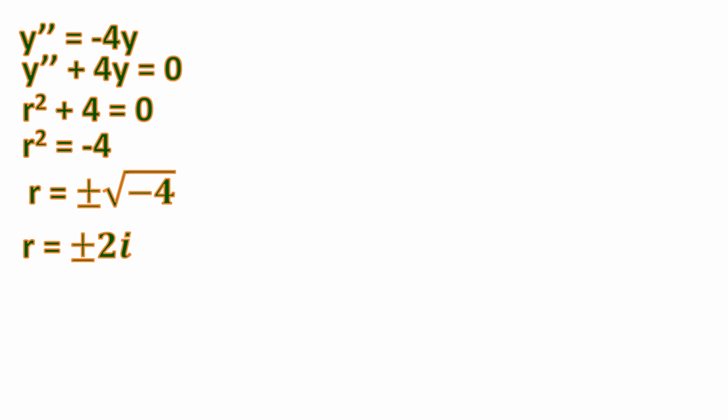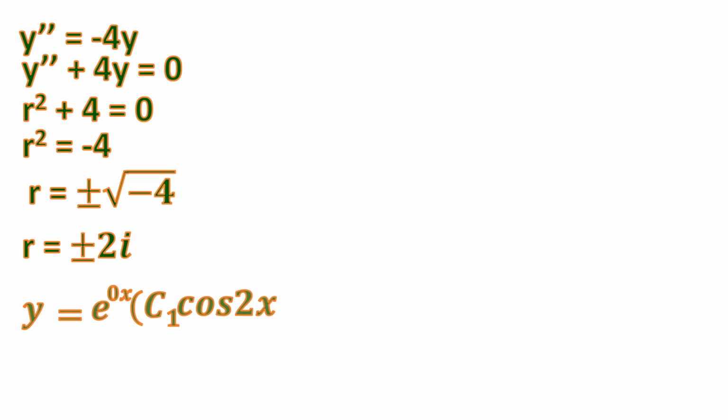And now we're going to write it in general solution form. So y equals e raised to the real part, which is nothing. It's only plus minus 2i. It means 0 plus minus 2i. So we put e raised to 0x times the first constant times cosine 2x.